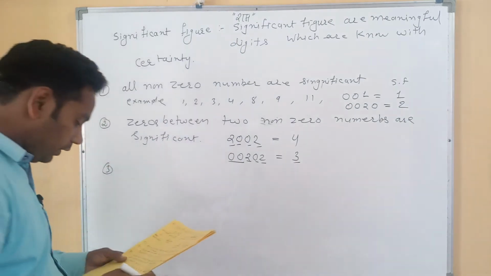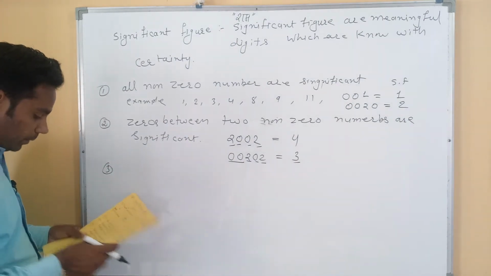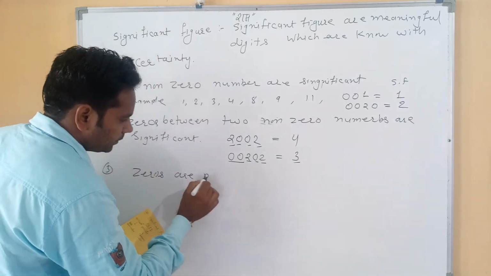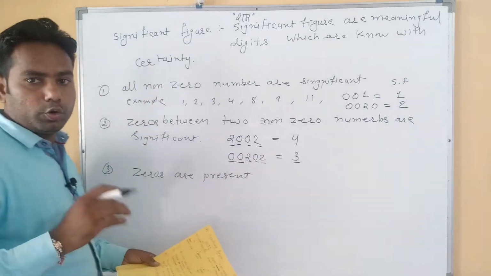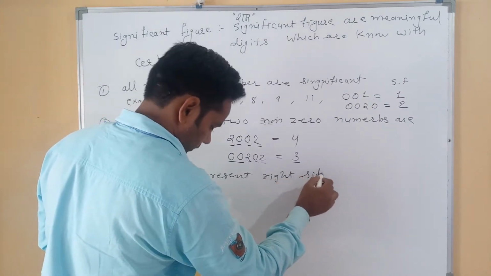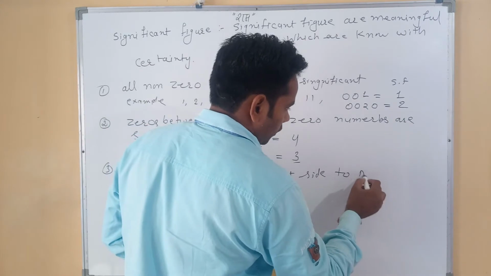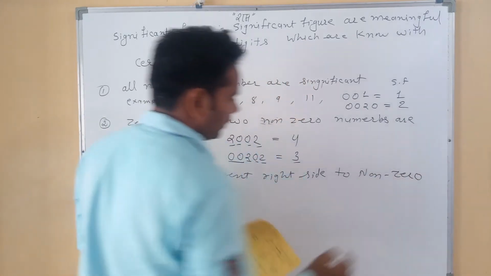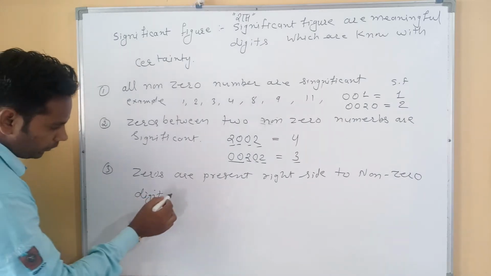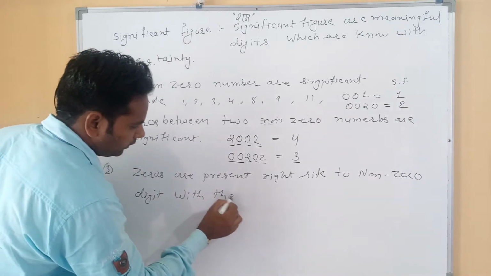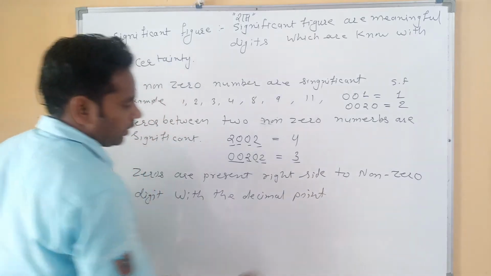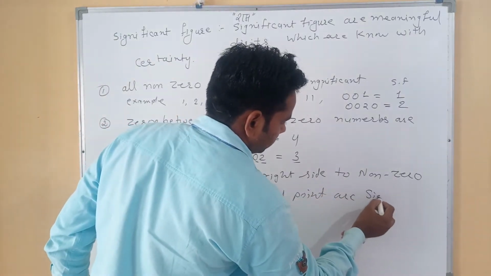Okay, our third rule is zeros present right side to a non-zero digit with the decimal point are significant.